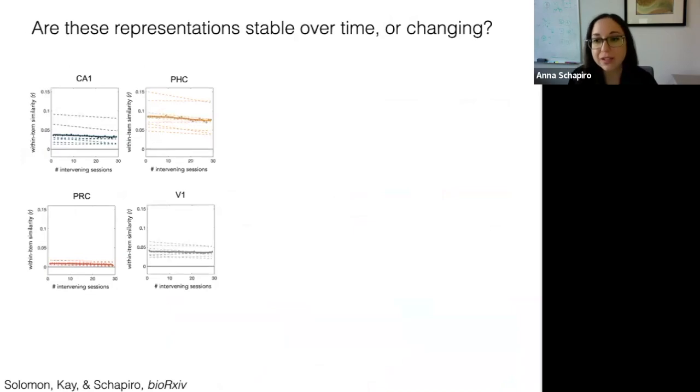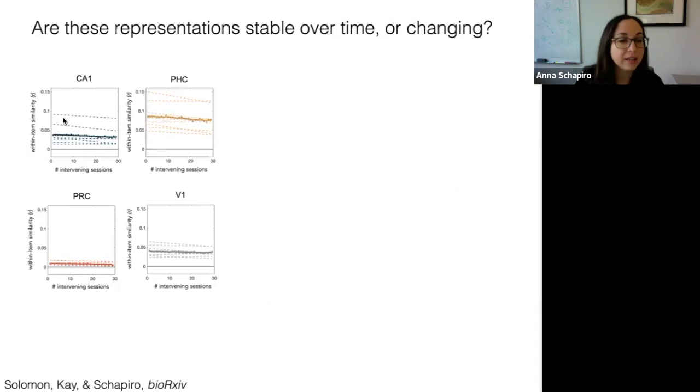Okay, so we have these 30 sessions of data. So we can ask, are these object representations stable over those 30 sessions, or are they changing over time? And so here, these are plots of objects' similarity to themselves over time. Each of the dashed lines is an individual subject, and then the solid line is the average.